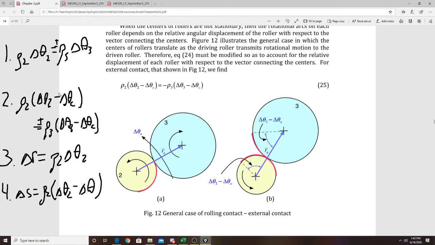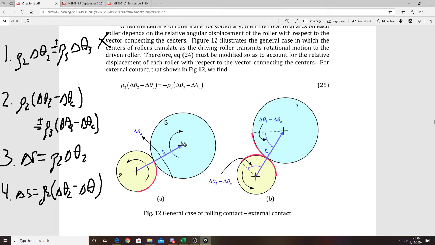And then we have the next case right here. We've taken care of this one. The next case is this, which is, very simply, whenever we have this center and this center moving in relation to each other. For example, let's say the driving gear, which I believe is this one, though I don't know which one they said is driving.